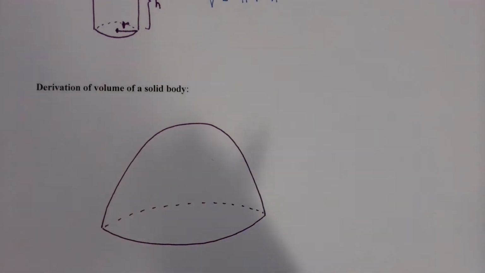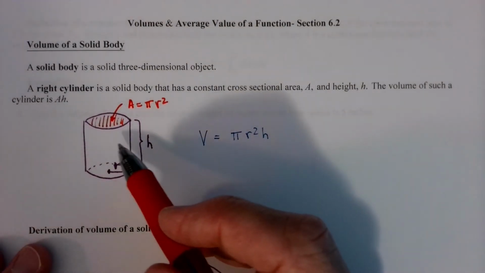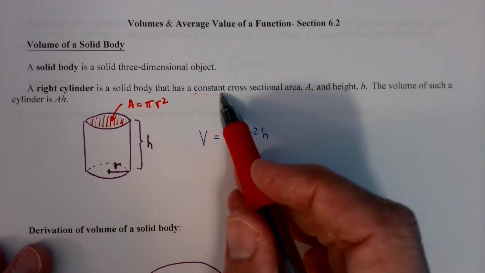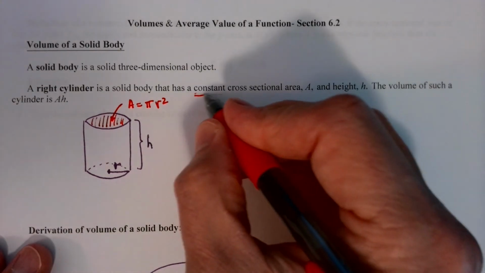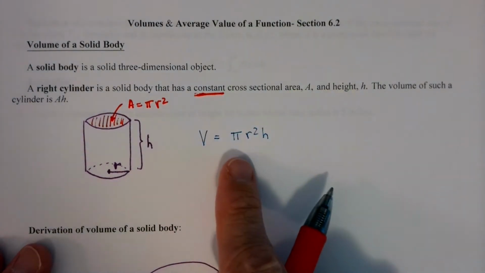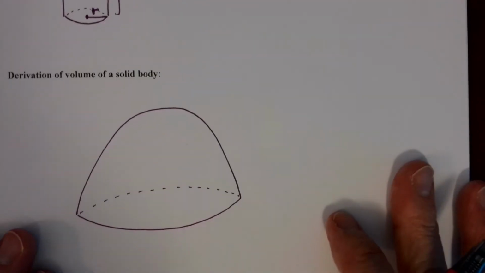How in the world would we be able to find its volume? Because again, the cross-sectional area is not constant. If it's constant, we can simply multiply that cross-sectional area times its height, but here it's changing.